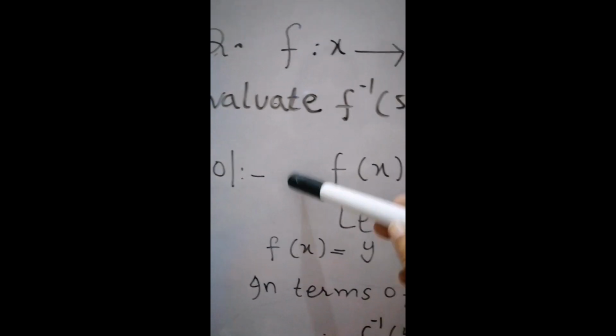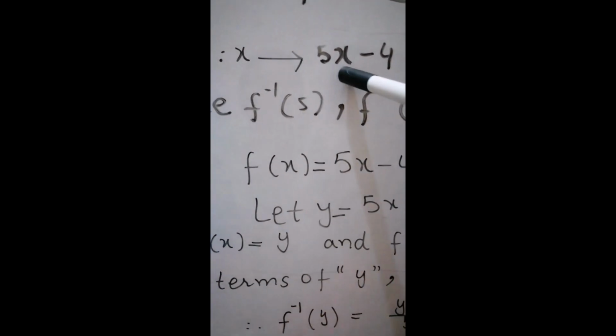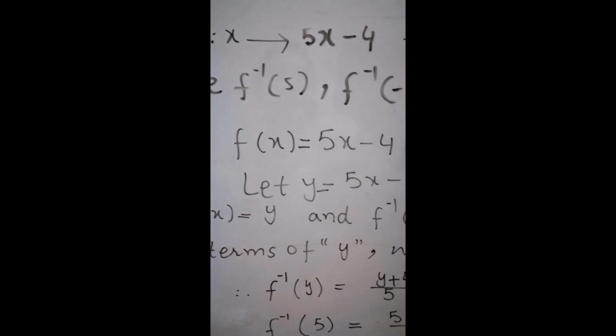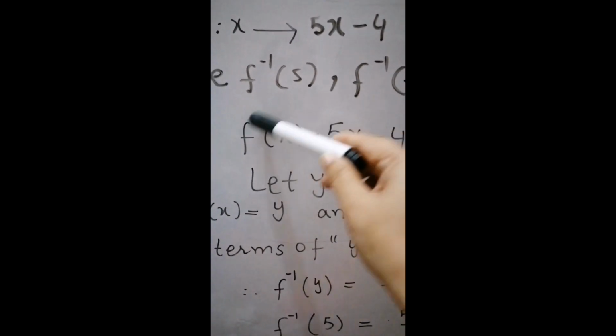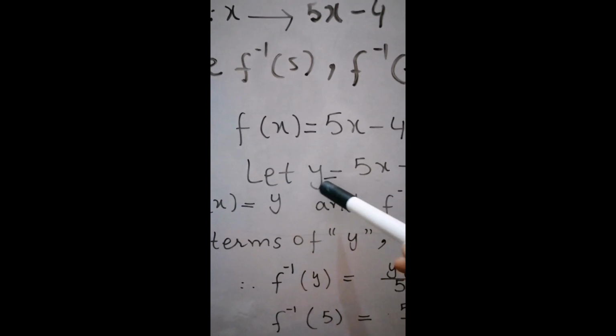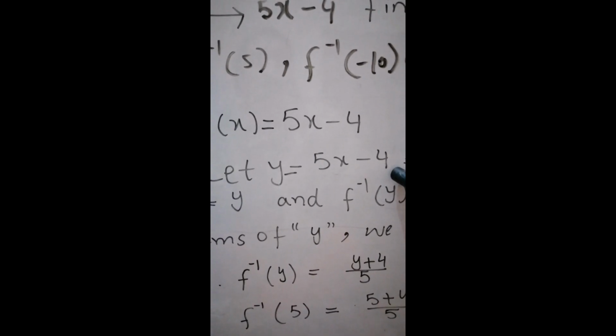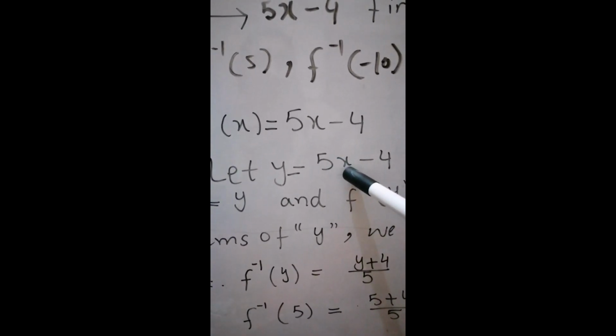First of all, write here solution. Write down the function which is given to you, that is f of x equals 5x minus 4. We have written it over here. Now suppose the whole function is equal to y. We are going to assume it. Let y equal 5x minus 4. From here you can find out the value of x. How?